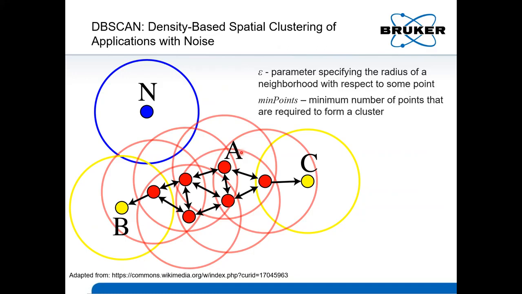Because they are all reachable from one another, they form a single cluster. Points B and C are not considered core points, but are reachable from A by other core points, and thus belong to the cluster as well. Here, point N is considered noise because it's neither a core point nor is it directly reachable from other core points.